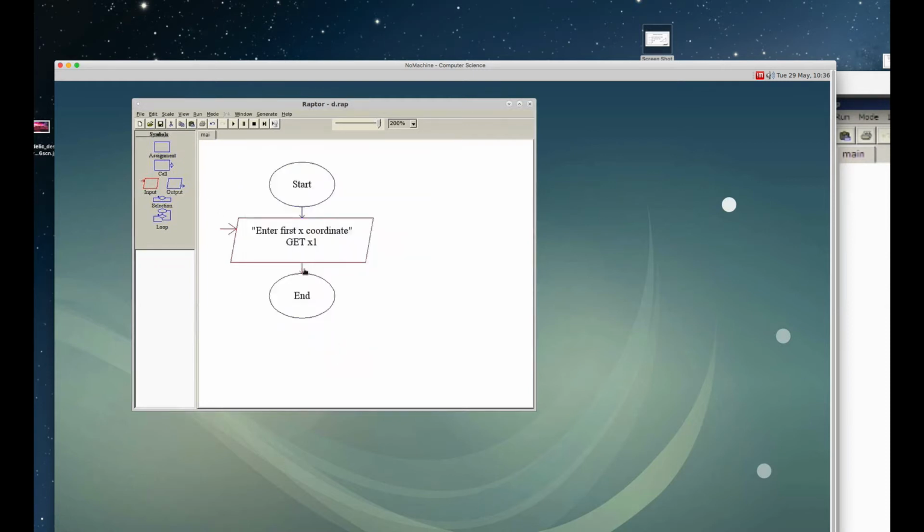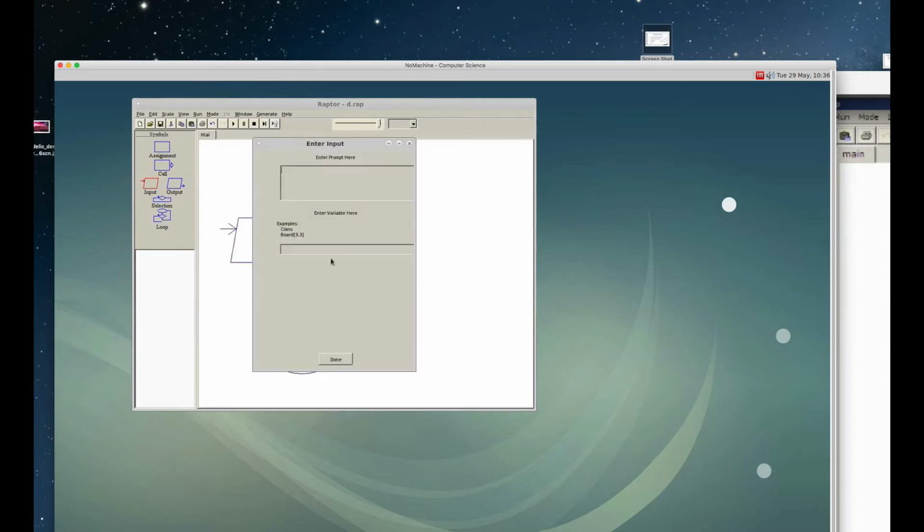The next thing is we are going to ask the user to enter the first y coordinate, and that's going to be y1.